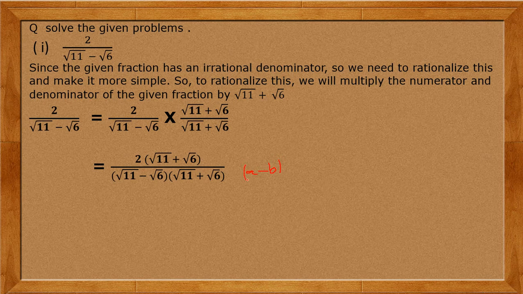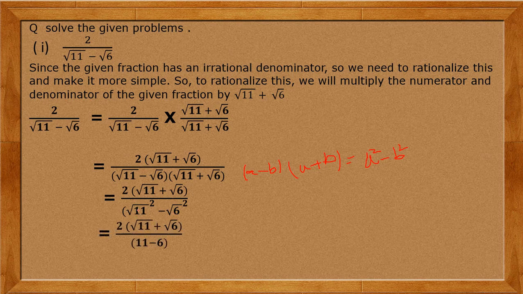So we can write this a minus b into a plus b as a square minus b square, correct? So a is square root 11, b is square root 6. So in the denominator we get square root 11 whole square minus square root 6 whole square. So it becomes 11 minus 6 in place of the denominator, and the numerator is as it is, no changes there.